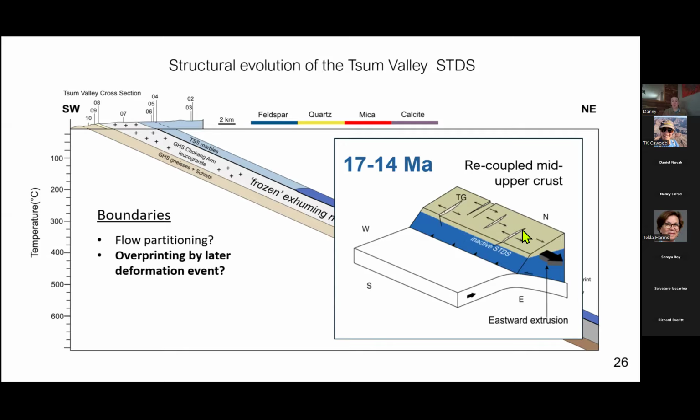In the region just adjacent to my field area, the Annapurna region, this transition in kinematics is documented at 17 to 14 million years, which overlaps with our 17 to 13 million year South Tibetan Detachment System timing for the Tsum Valley. So this is a possible explanation for the top east flow at the top of the shear zone, where we know that the deformation occurred, especially at the top, towards lower temperatures. It could represent this transition to a new kinematic regime of east-west extension.